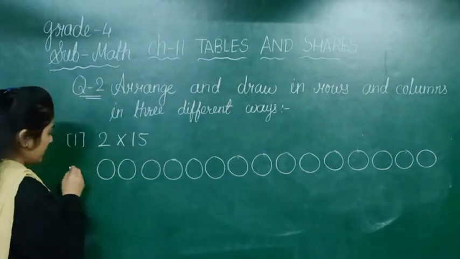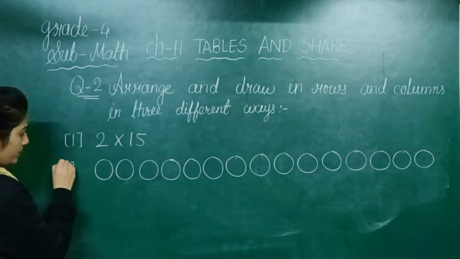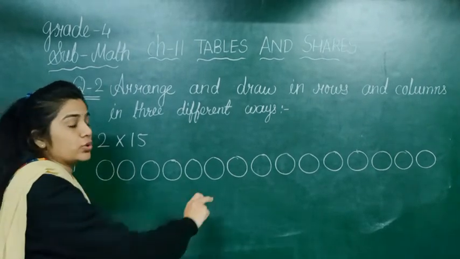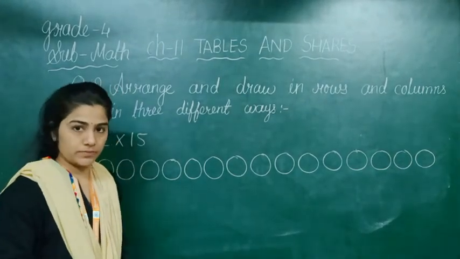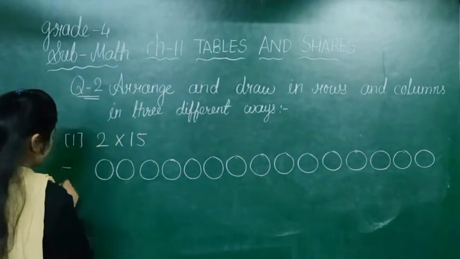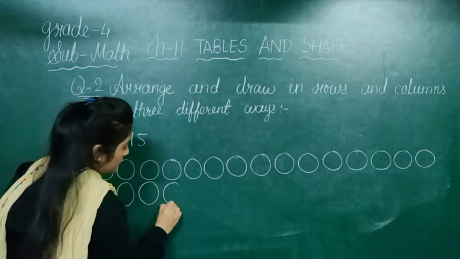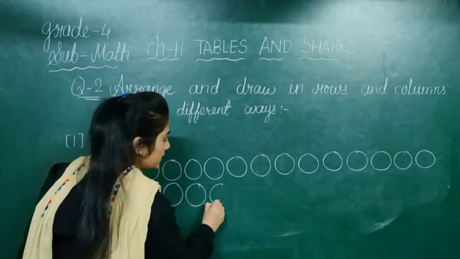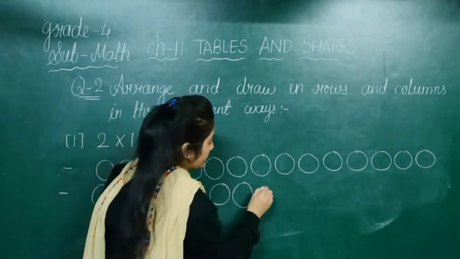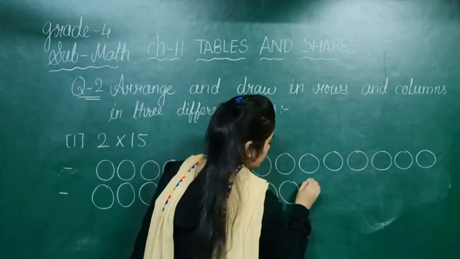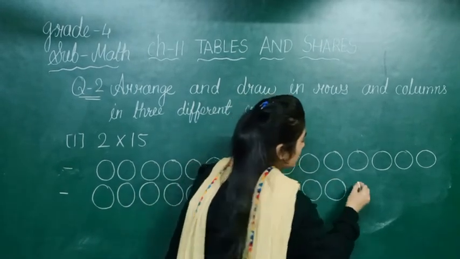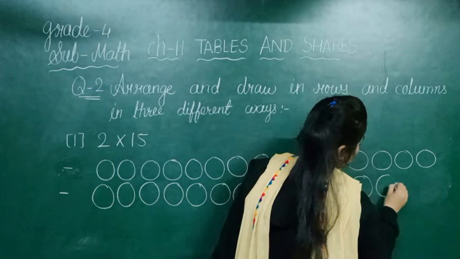This is the first row. In the first row I have drawn 15 circles, and in the second row I have drawn the same number of circles, 15. In your workbook, this kind of question is there.